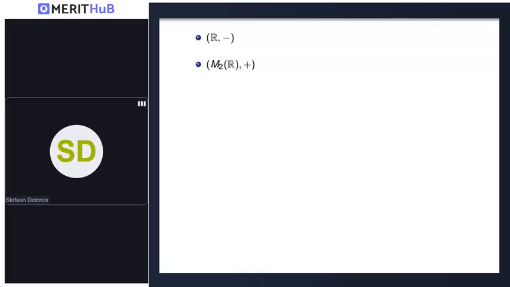Okay, so then let's have a look at our matrices. So this was here not commutative. Matrices, on the other hand, the addition is commutative. So you pick two matrices, you add them in either way and prove they're the same.